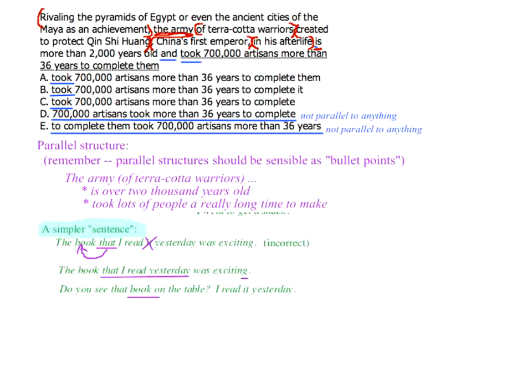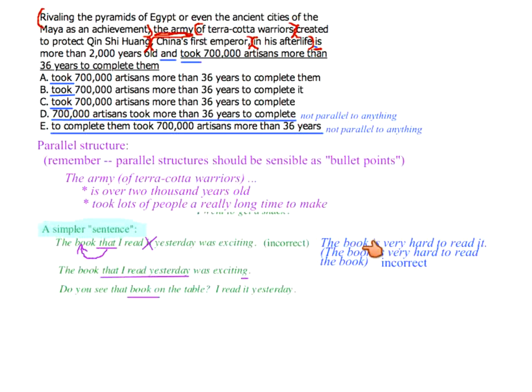If you wrote the book is very hard to read it, that doesn't make sense. Because this is the book is very hard to read. You can't say the book is very hard to read the book. So that's incorrect. For the same reason, there's no that here, but I think you can see the issue here.